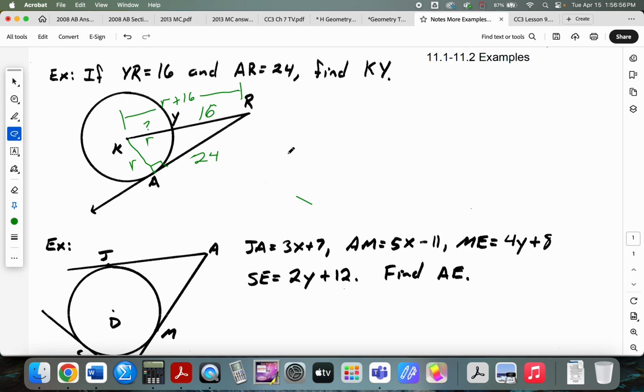Now we have all the sides either in terms of a number or in terms of R. So I can do the Pythagorean theorem. It's going to be a little bit different than we've done before though. We've got R squared plus 24 squared is equal to R plus 16 squared.